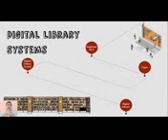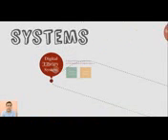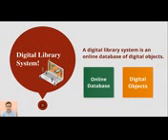The next thing we need to understand is the digital library system. That's actually our real concern. The digital library system is an online database of digital objects. So here we have two things: the online database and the digital objects.